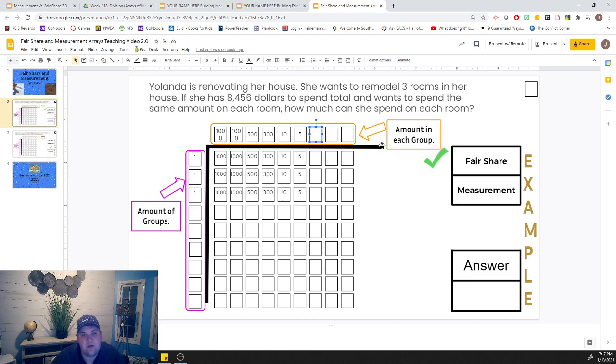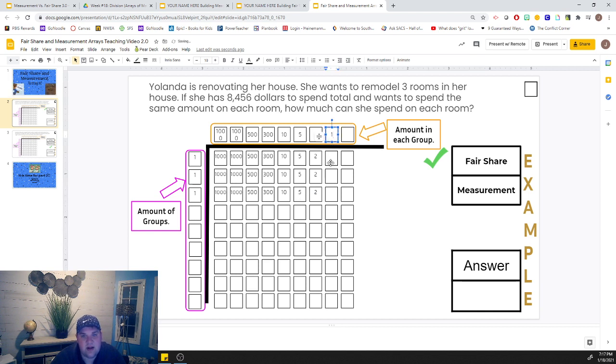And I can give $2 to each room. Now I have 8,000, right here I have 8,400, 8,430 with these 10s, 8,445 with the 5s. 47, 49, 51.